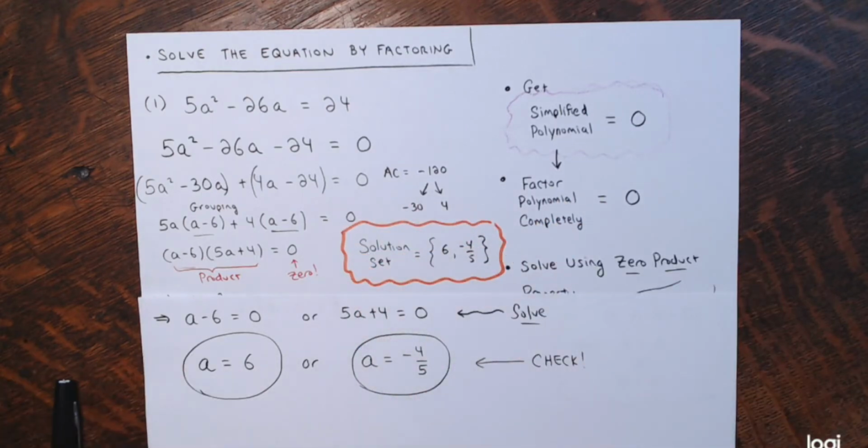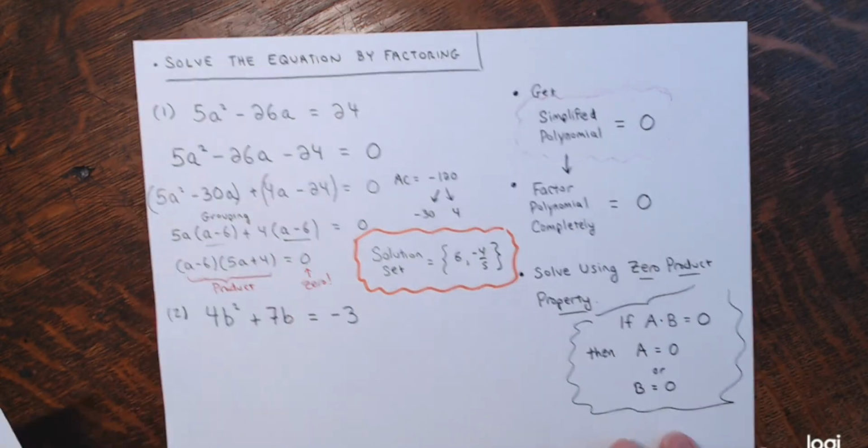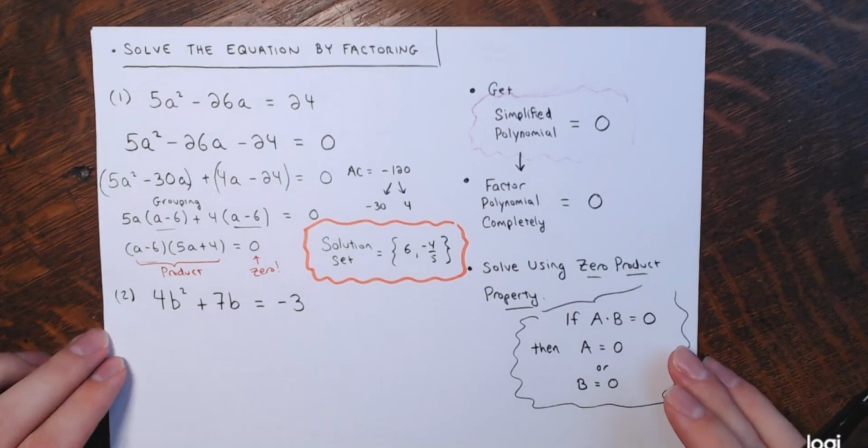But from here on out, I'm just gonna circle the numbers that actually work. I'm gonna circle the solutions. Okay, so that was number 1, and every one of the 30 examples I'm gonna do in this video, I'm doing the exact same way, same steps and everything.